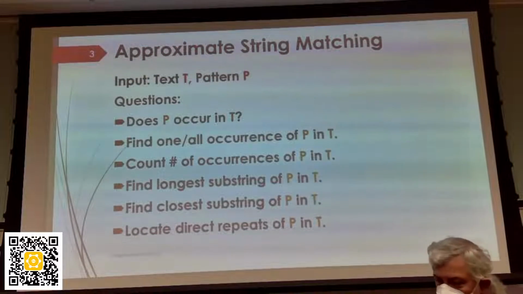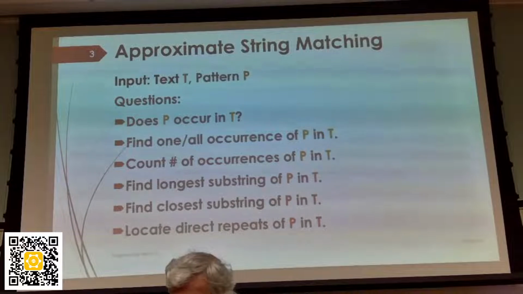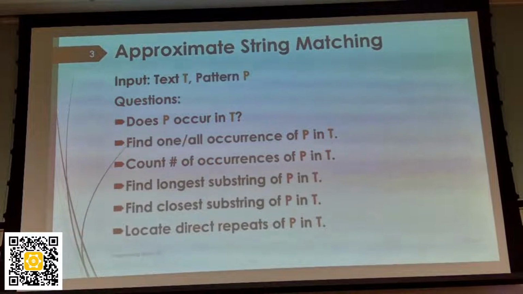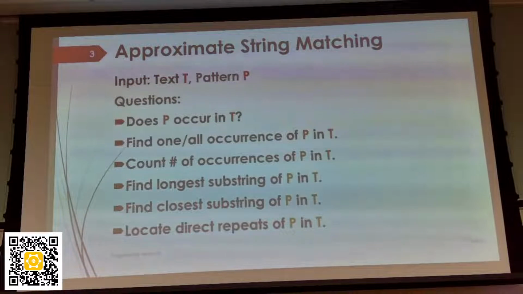Here are possible questions. So the first question might be, does the pattern even occur in the text? Find me one occurrence, I don't care which one, or find me all occurrences of this pattern, or count how many times this shows up, or if this pattern is not completely there, find me some parts of it that might be there, or find me an approximate thing.